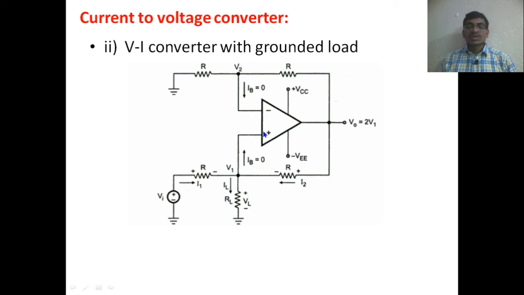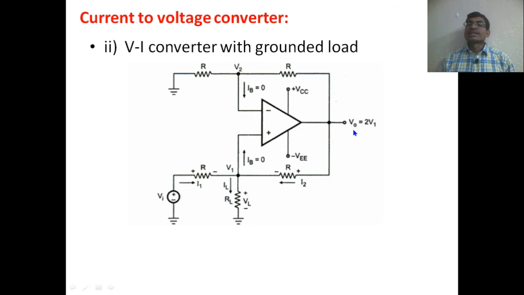Here also the input current for the op amp is 0, IB is equal to 0, and the output voltage for this type of amplifier, V0, is equal to 2 into V1, because it is working like a non-inverting amplifier. The output voltage is equal to gain into the input voltage. Here the gain is equal to 2, as we are using equal values of resistances for RF and R1.